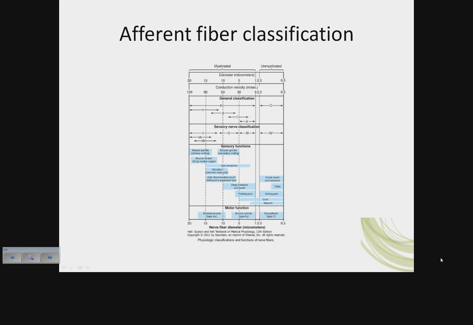Notice that the A delta go all the way down to where you first start seeing your blue boxes, and you should see that A delta is mostly that pricking pain. This is your fast neospinothalamic pain, the newer types of tracts to convey pain on the evolutionary scale.